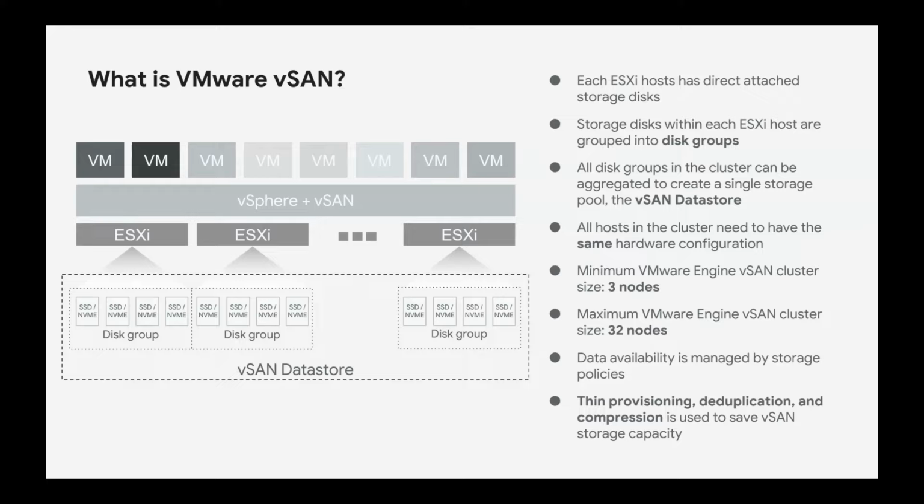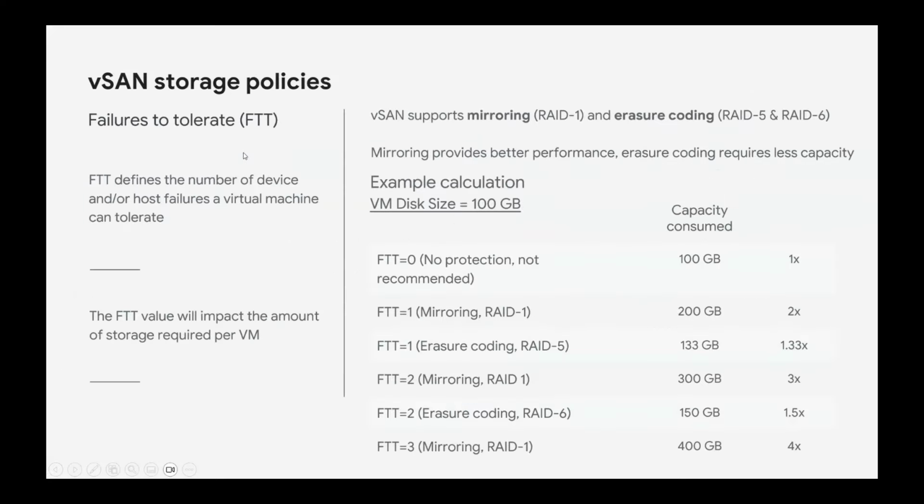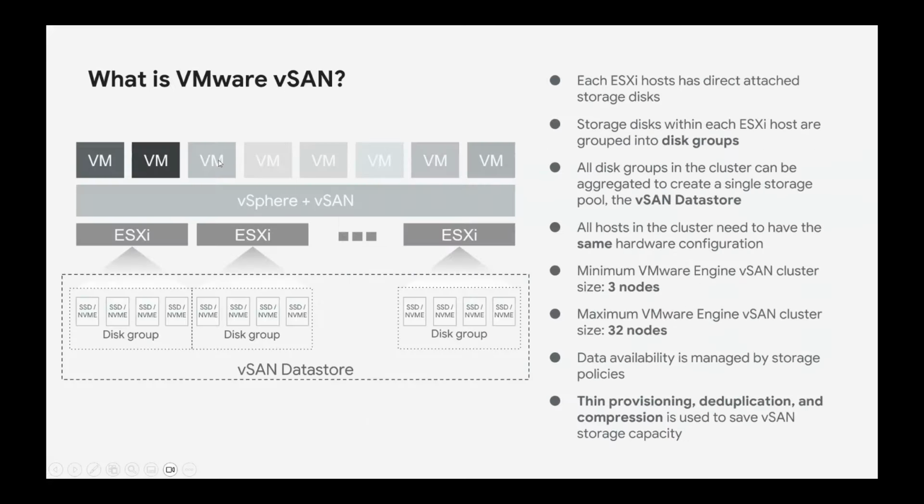Instead, it uses intelligent data placement policies to store and protect data across nodes in the cluster. There are also storage efficiency technologies like thin provisioning, deduplication, and compression that help reduce the amount of capacity needed to store your VMs.